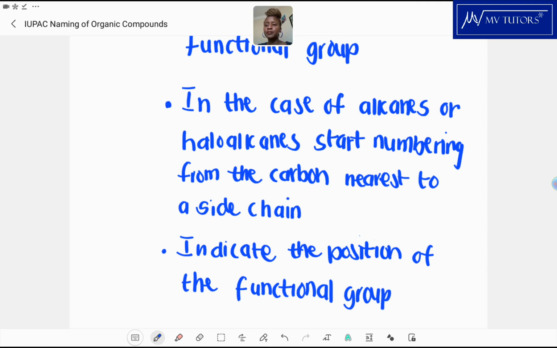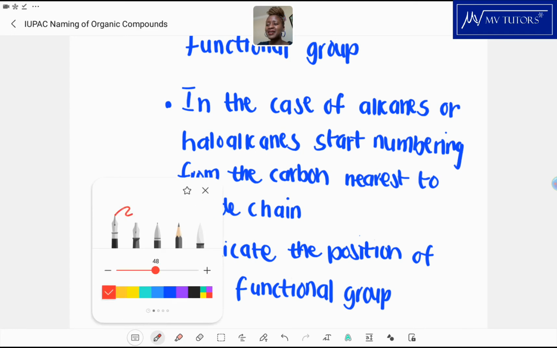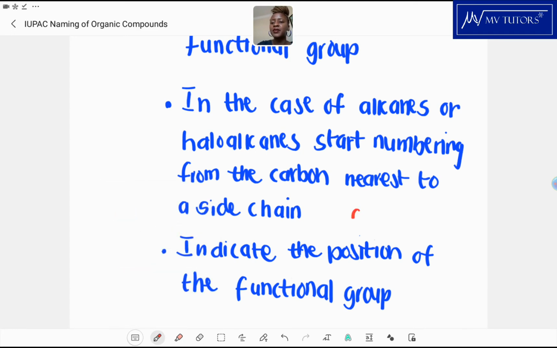So let's say you have 3 carbons in a straight line and then you have a chain. Let's say 4 carbons. Let me just try to demonstrate that. So you have 4 carbons, with single bonds everywhere and hydrogen atoms.